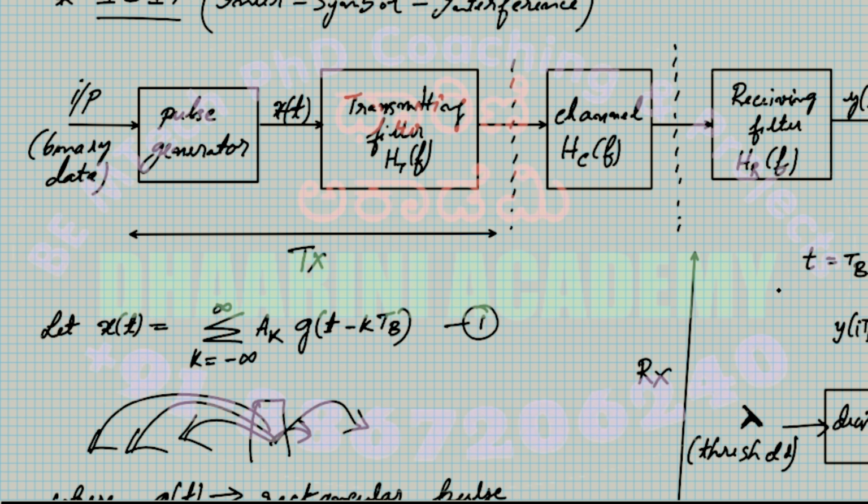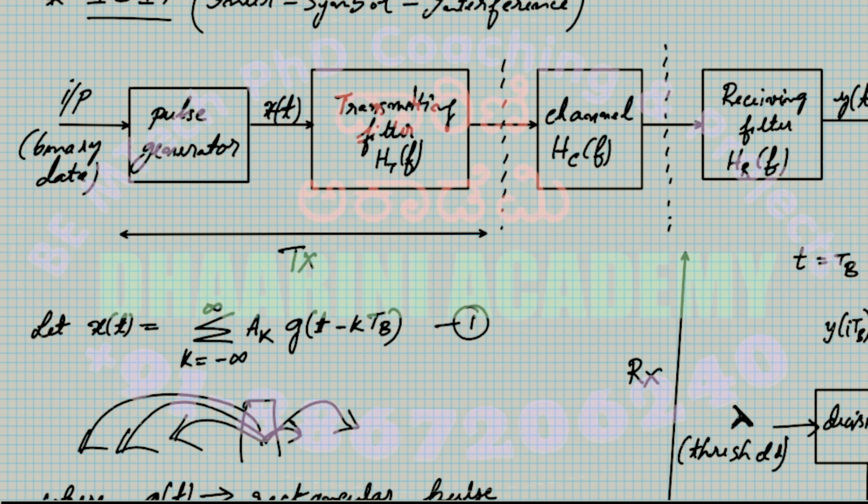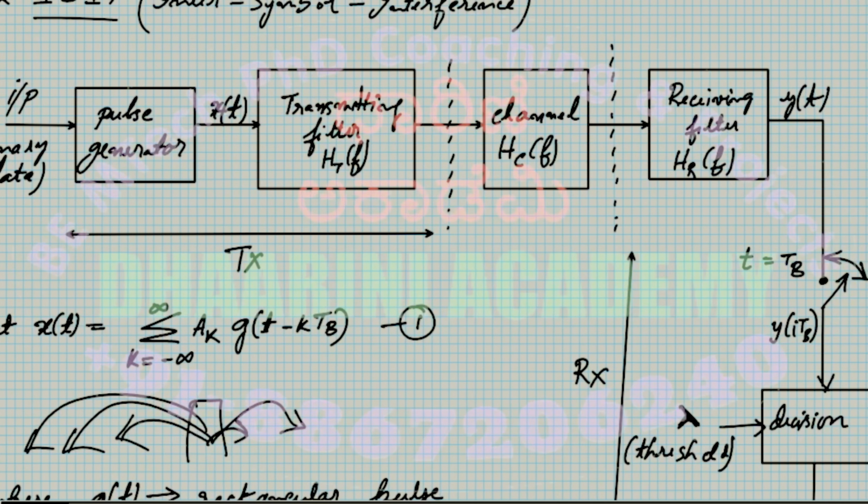But before going into the actual concepts of ISI, we will look at the general diagram which explains the complete communication process. Let us say it starts with the input, that is binary data. Normally, that binary data will be converted into x of t, a pulse, using the pulse generator. Followed by that, you have the transmitter.